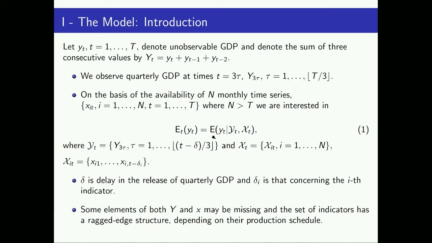As you can see, we have delta and delta y that are related to the release of the quarterly GDP and the monthly indicator, just to stress the fact that essentially we have to face a ragged structure related to the monthly indicators.